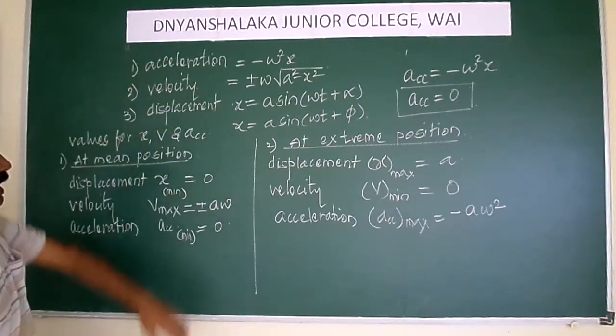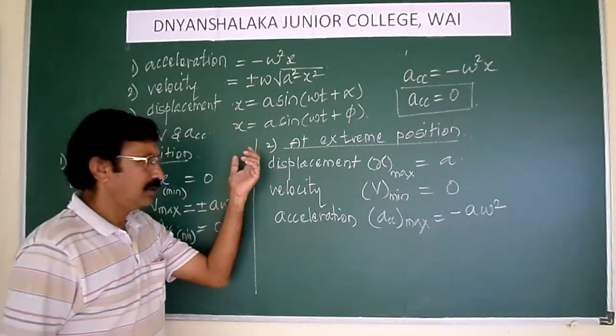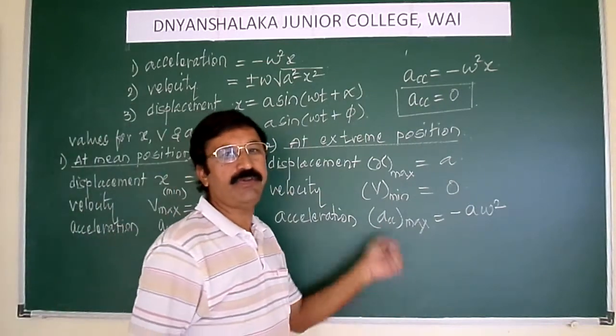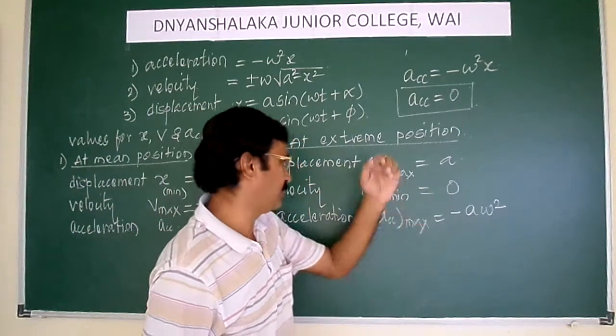These general values are when the particle is anywhere at any position in between mean position and extreme position.